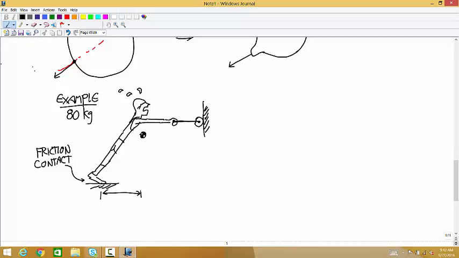The distance from the contact point to the center of mass, we'll call that 0.5 meters. And the height from the floor to the roller is 0.8 meters. And we want to know what are the reactions.